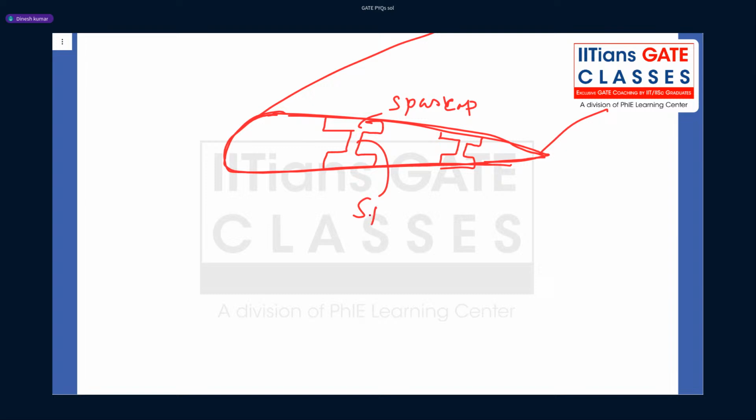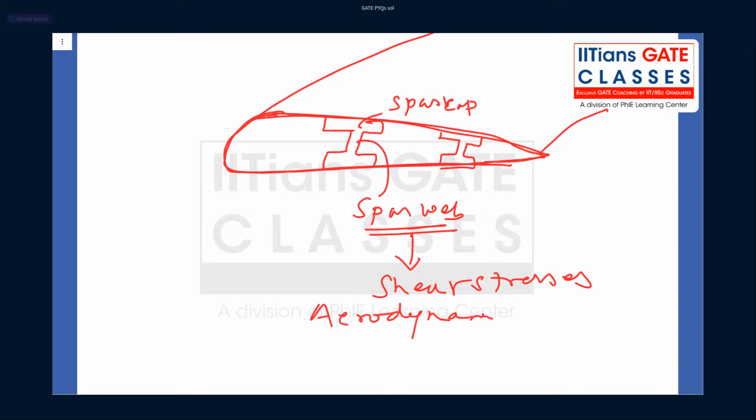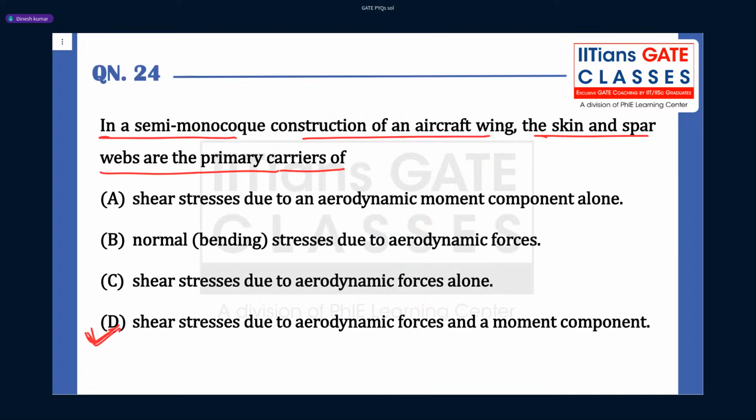Bending. And this is the spar web. So this skin and spar web carry shear stresses, and those shear stresses are developed either due to aerodynamic forces or due to moments. So D is the correct answer: aerodynamic forces and moment components.